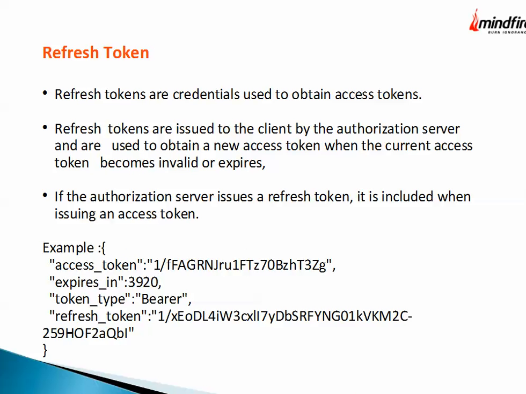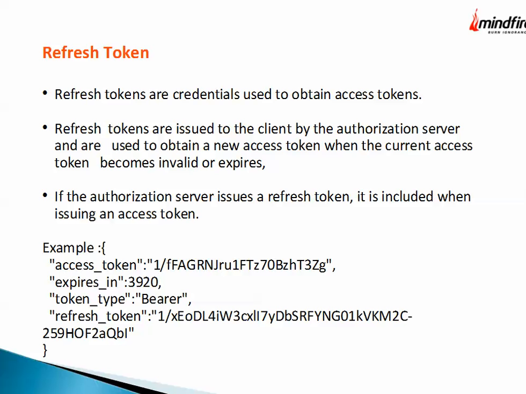Then the refresh token. Once you validate your authentication in the authorization server, the authorization server can return an access token, including another parameter called the refresh token. Your access token is valid for some time, suppose 1 hour, 2 hours, 3 days, 4 days, like this.